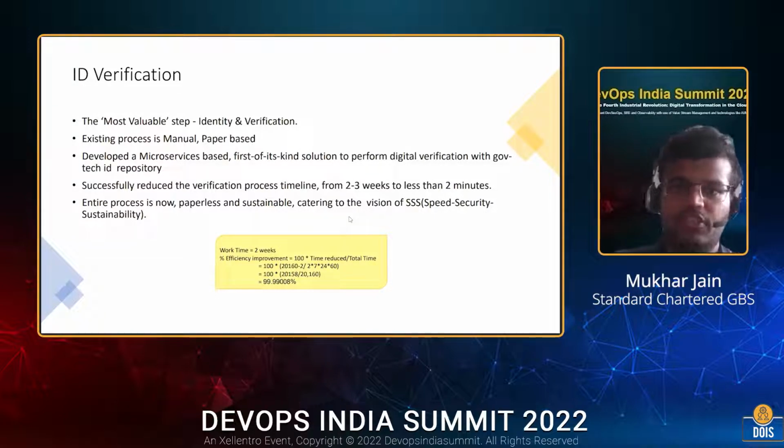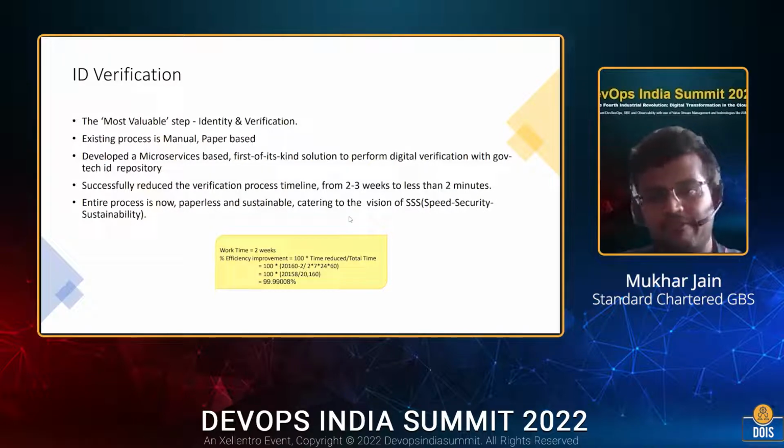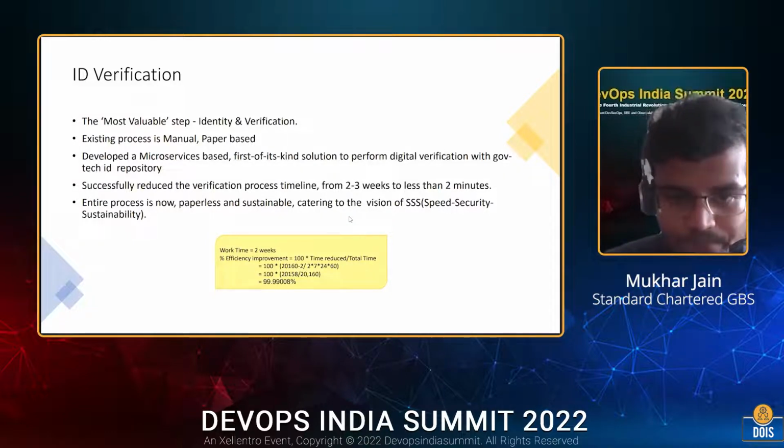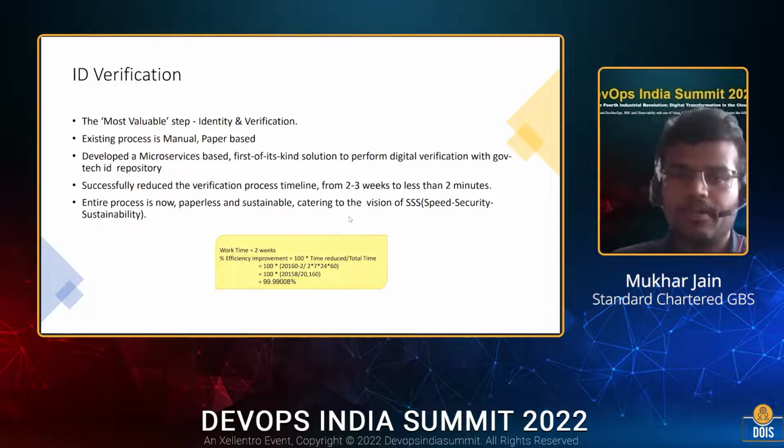I mean, within just a click, we are able to verify whether the document provided by the entity is correct or not, all with the help of the microservice. By implementing this microservice, the entire process is now paperless and sustainable, and is catering to the vision of speed, security, and sustainability of the organization.